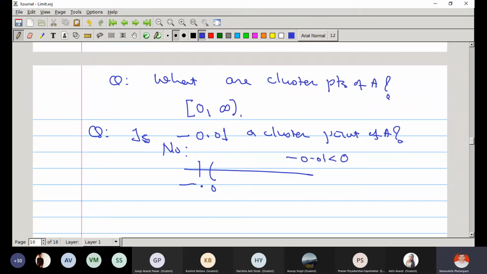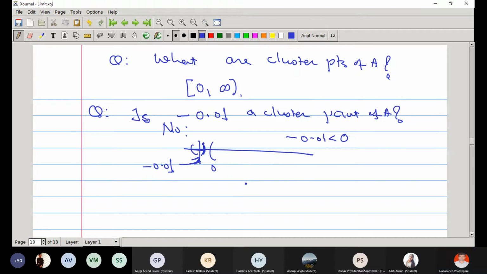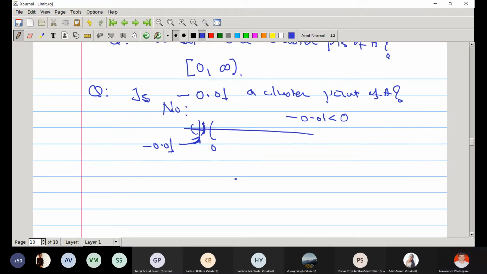So this element is somewhere here, right, minus 0.01, and there is a gap, and so there is a delta for which the neighborhood is not overlapping with set, that we can easily see, right? Correct. Yes, sir.